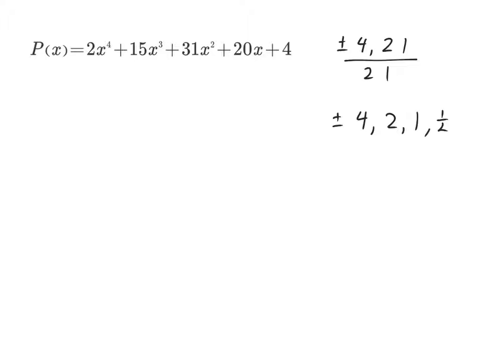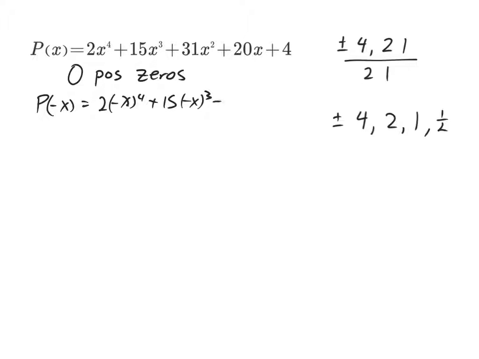Now, if you notice, this never changes signs. So using Descartes' rule of signs, that means I'm going to have 0 positive zeros. Now, if I do p of negative x, I end up getting 2 times negative x to the 4th, plus 15 times negative x to the 3rd, plus 31 negative x squared, plus 20 negative x, plus 4.